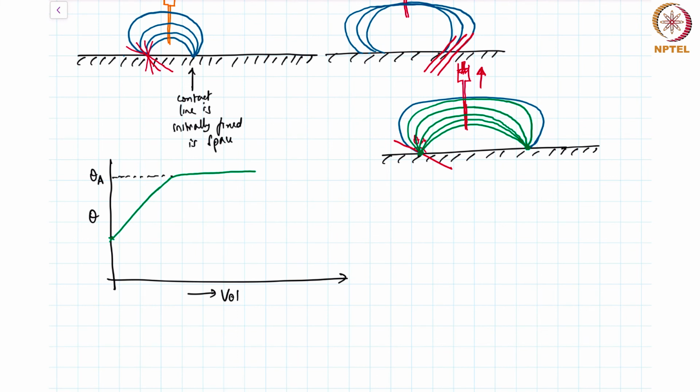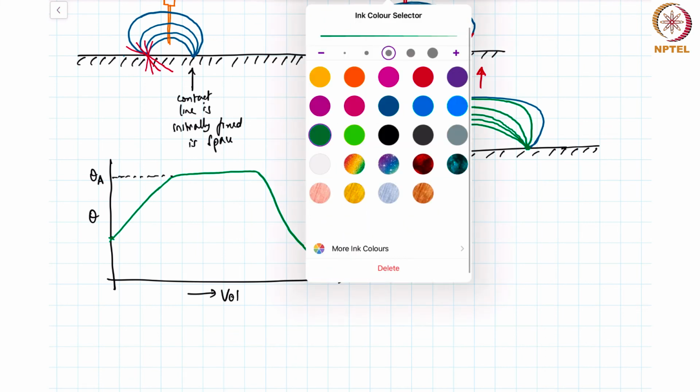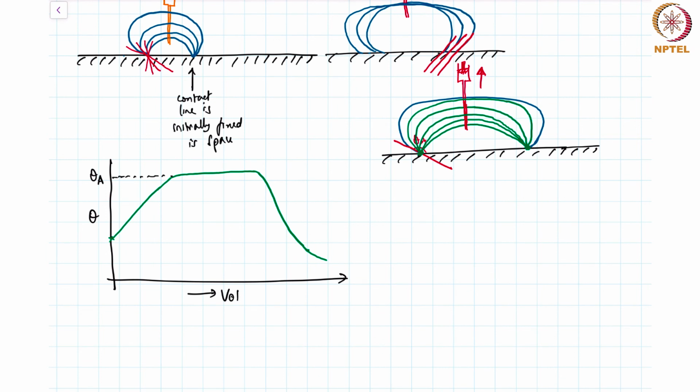So without the contact line moving, the angle continuously keeps reducing, and then there's a point where, below a certain angle, the contact line then moves. So after this, the contact line then moves with the same angle.